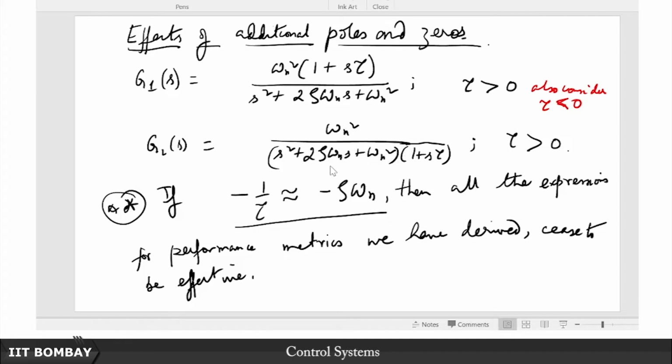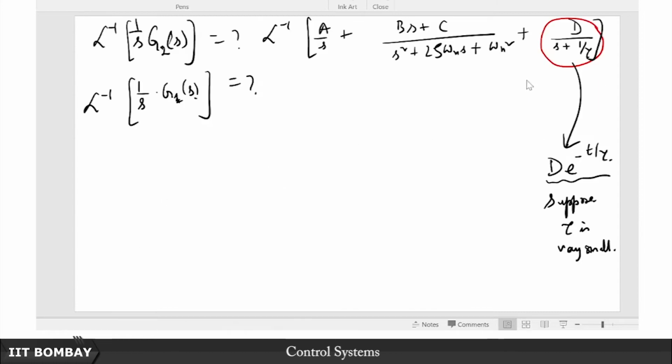Now if you do that, you will see that because of the value of tau being very small, and I leave that to you as an exercise to check the value of d, you will have two consequences. First, e to the power minus t by tau decays soon, which we have already established.